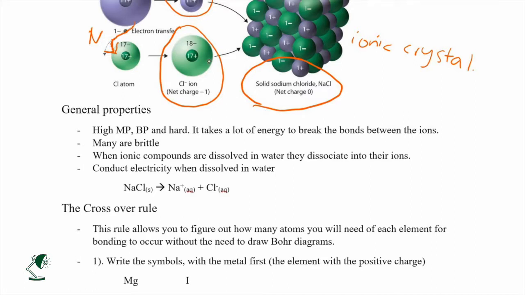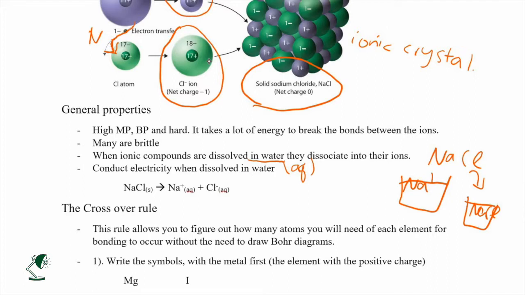And also, when an ionic compound is dissolved in water and becomes aqueous, it dissociates into its ions. So let's say your sodium chloride is dissolved in water. It will not stay as NaCl, but rather it will stay in the form of Na+ and Cl-.